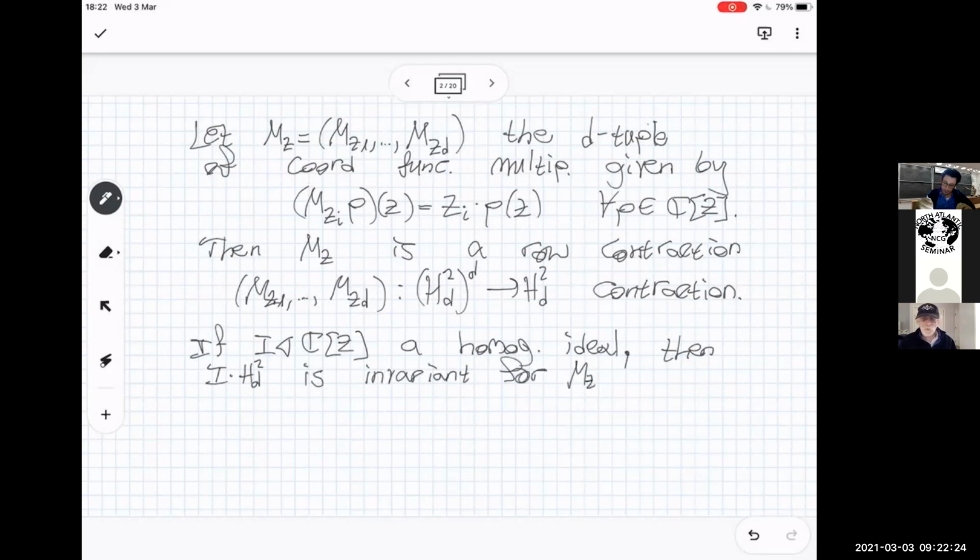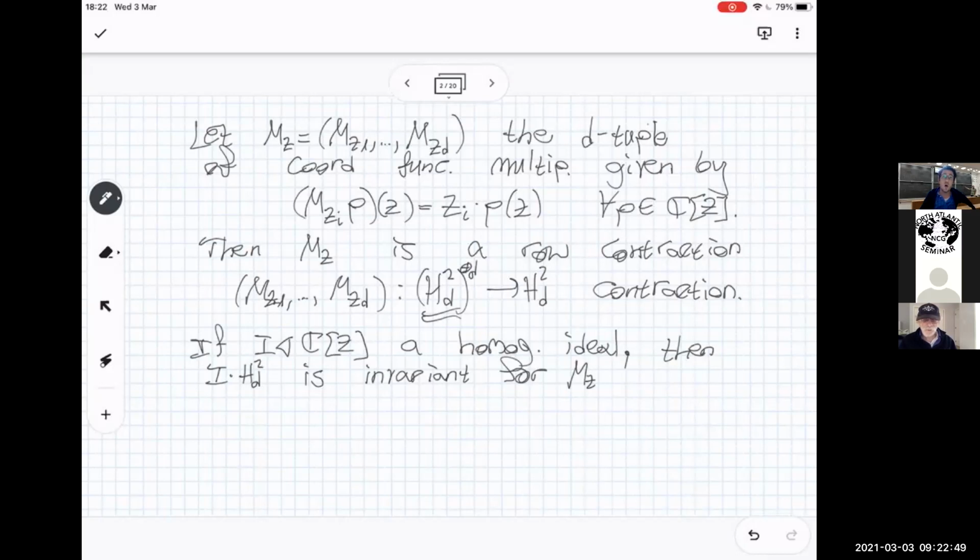What do you mean by a row contraction? It means that as an operator from H^2_d direct sum with itself d times back into H^2_d, that's a contraction. What do you mean, it's norm reducing?